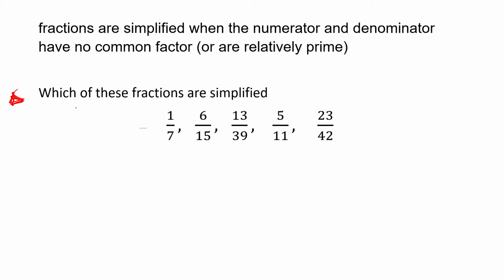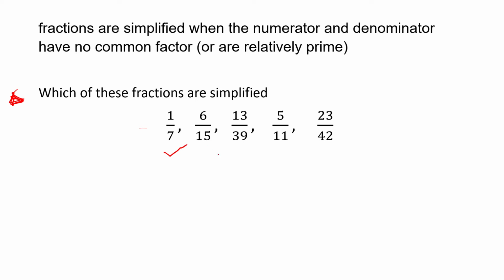Let's choose fractions that are simplified. Let's look at fractions and think, are they simplified or not? 1 over 7. 1 and 7 have no common factor, hence they are simplified.